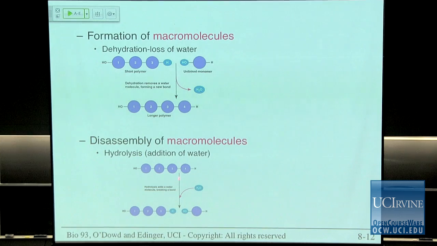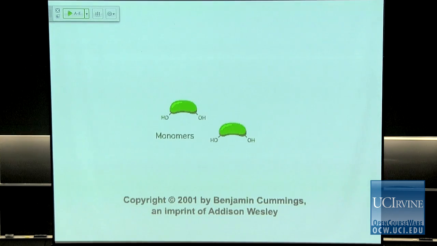Then you can break this bond in between any of these monomers, and you add a hydrogen to one side and an OH group to the other side, and you end up with splitting this 4-subunit polymer into a 3-subunit polymer and a monomer. Okay, so here is a short animation from your book.